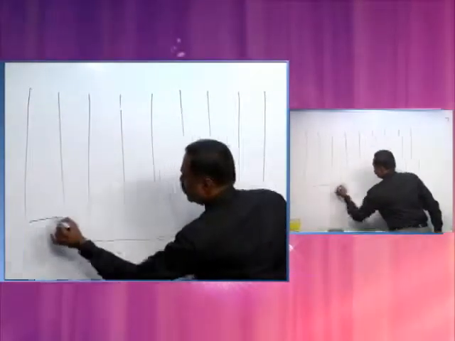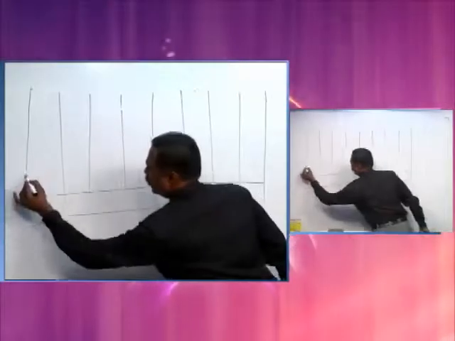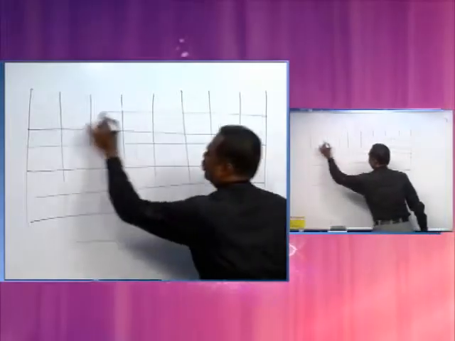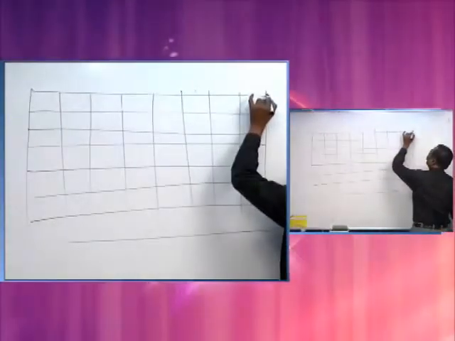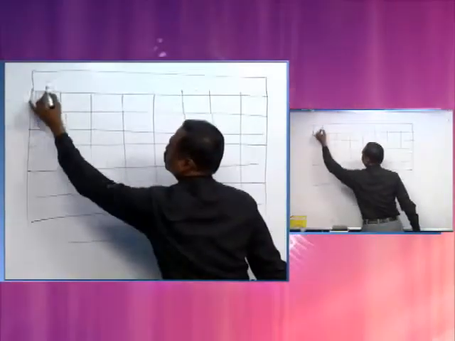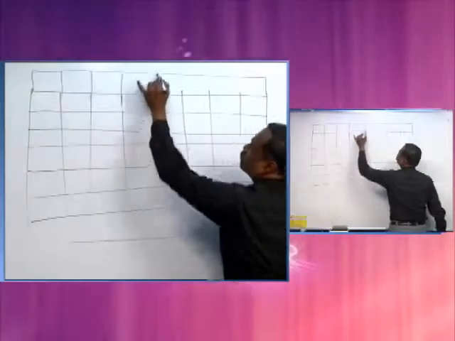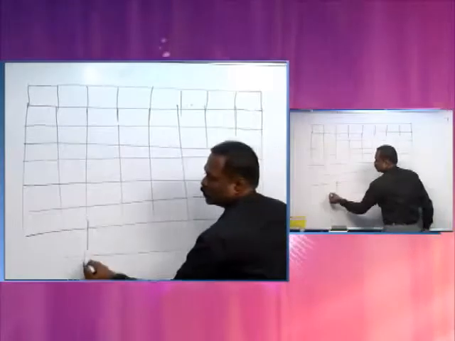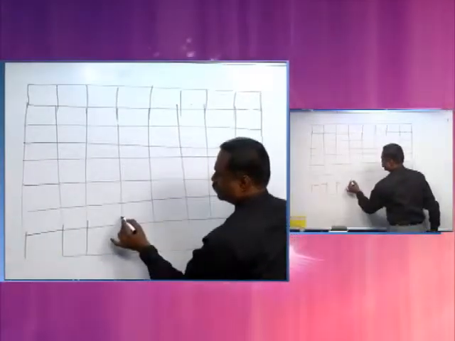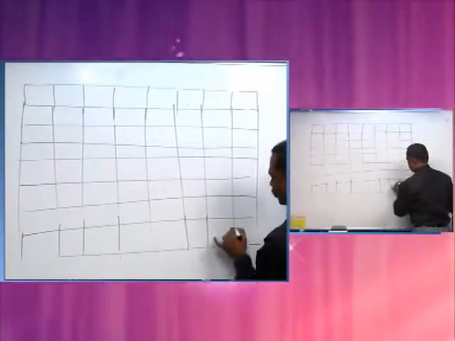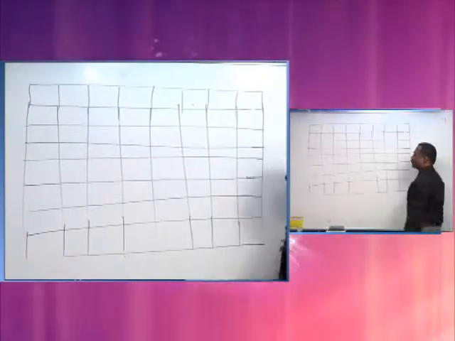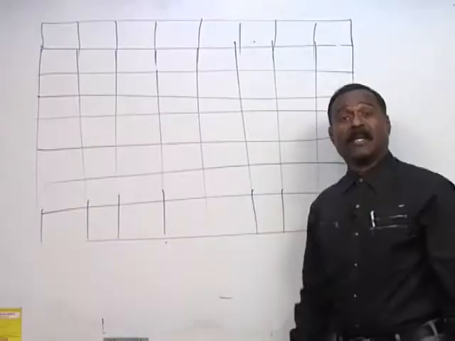Similarly, 1, 2, 3, 4, 5, 6, 7, 8, again 9. So on this one, we need the number of rectangles that can be formed.